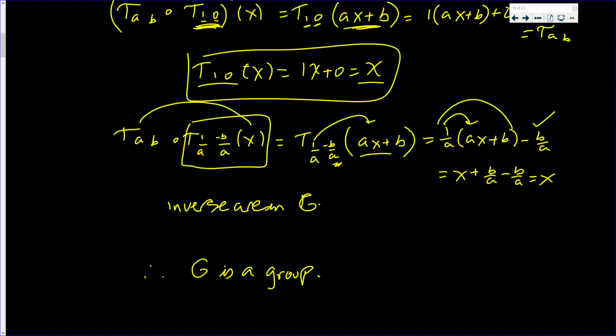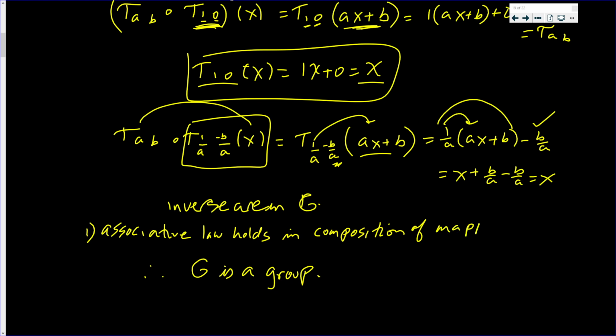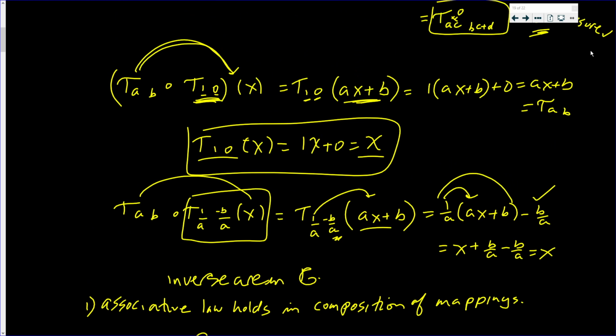Now, let me say this. Statement 1: the associative law holds in composition of mappings. And we found the identity element is tau of 1, 0.